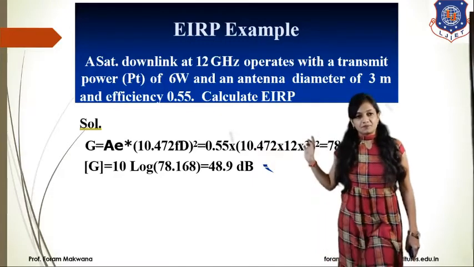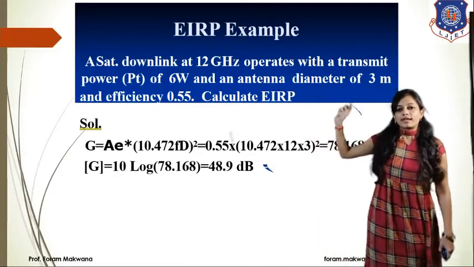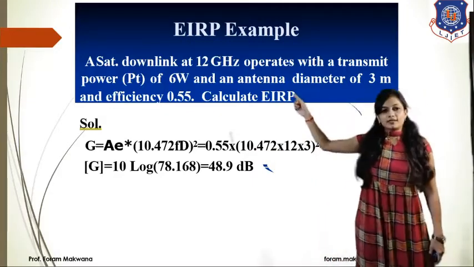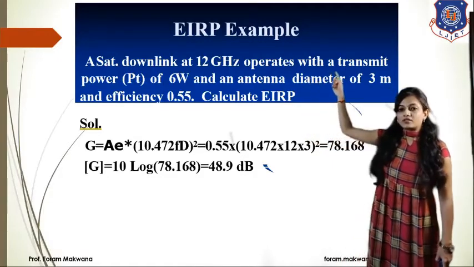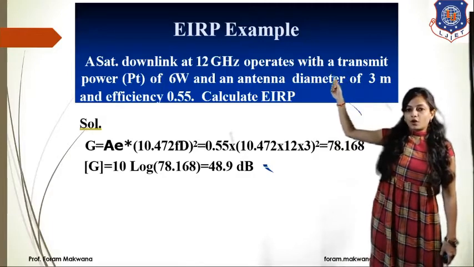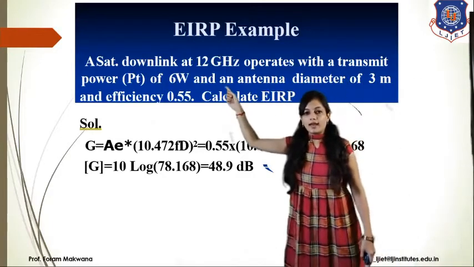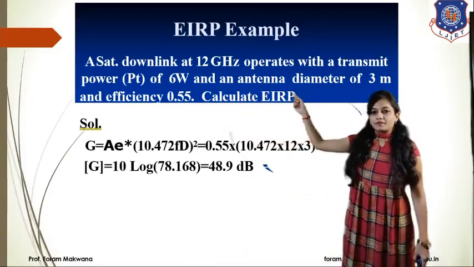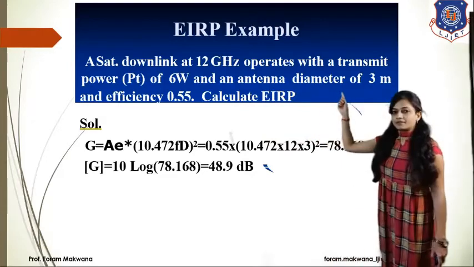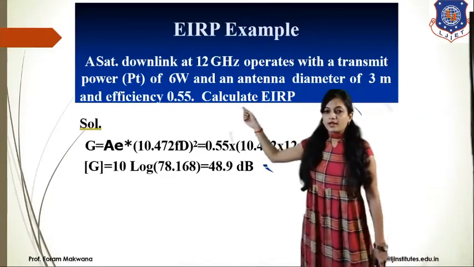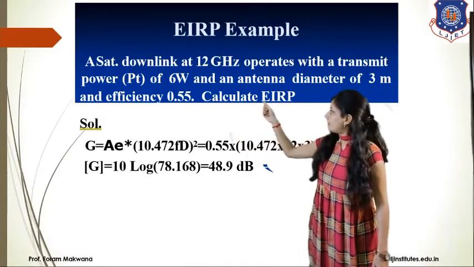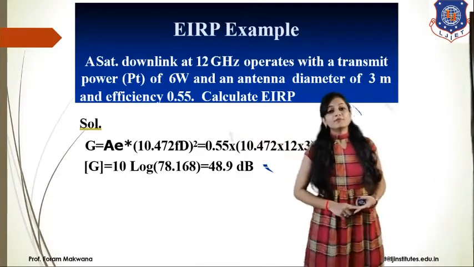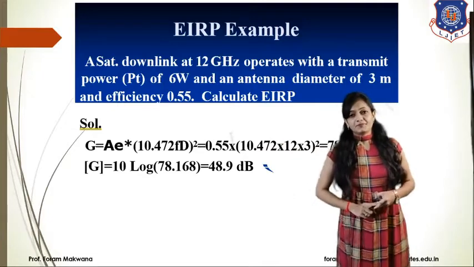Now how does this come? First of all, what is our example? The statement of the example is: a satellite downlink at 12 GHz operates with a transmitted power of 6 watt and the antenna diameter is 3 meter, right? Apart from that, we have the aperture efficiency, which is 0.55. Now we need to calculate EIRP.